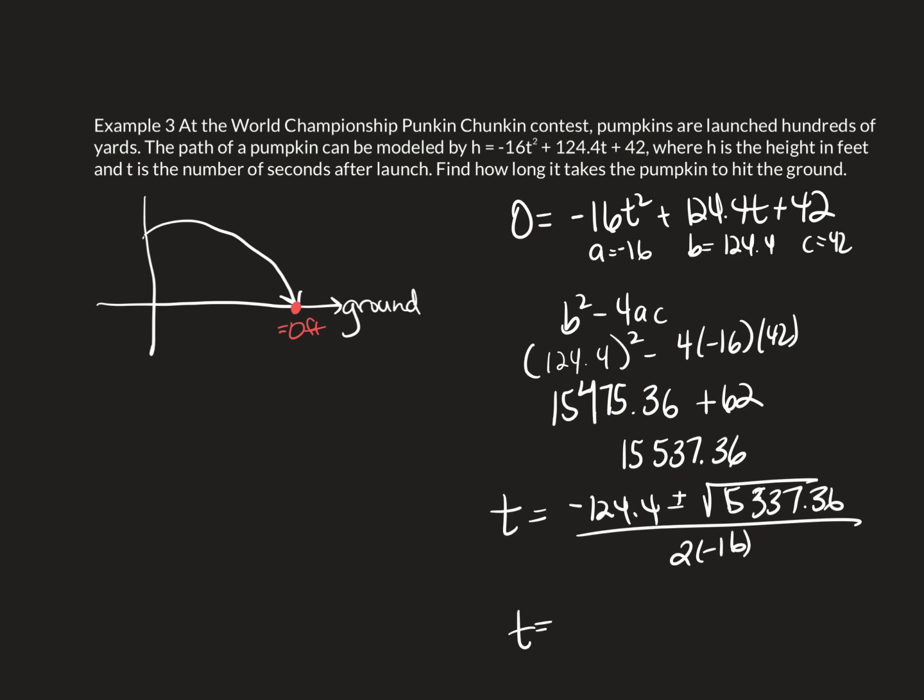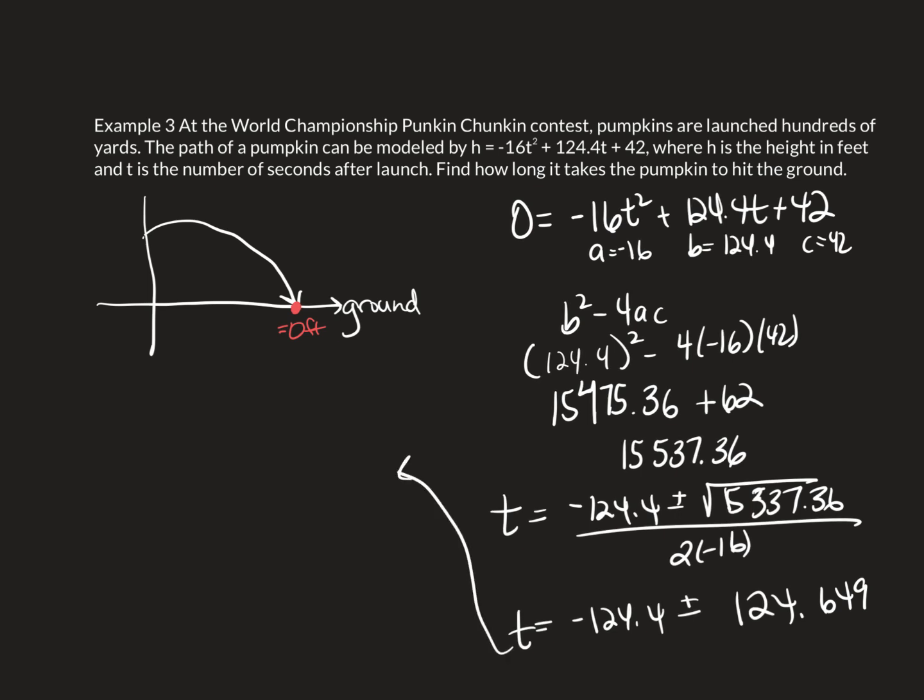So t is going to equal negative 124.4 plus or minus the square root of 15,537 and 36 hundredths, which is 124.649. I'll round to two decimal places in just a minute. Now I'm going to get two answers.